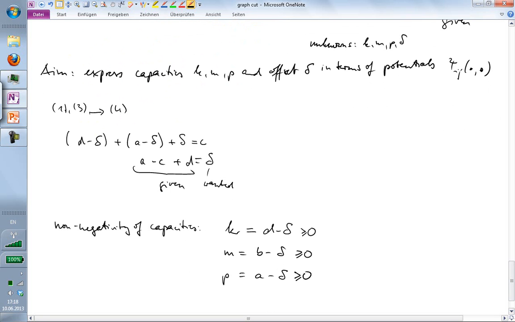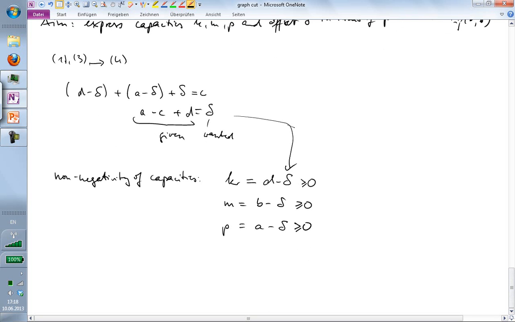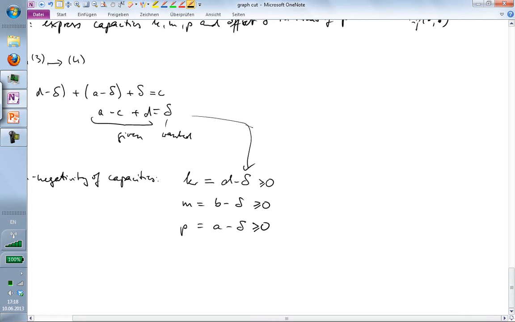And I can now insert what has been found for delta in all of these equations, and that gives me the following. So D minus D, so that cancels. Overall I obtain that C minus A is non-negative.